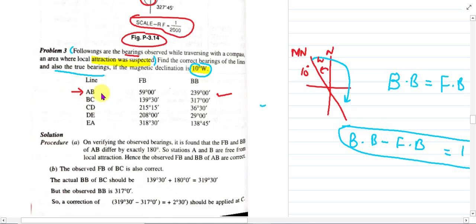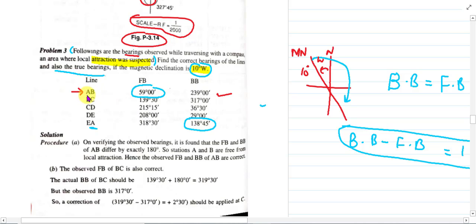Now the reading taken from point A is the forward bearing reading of your line AB and the back bearing of line EA, because when you are taking the back bearing, it means you have gone through the last point, and when we take the forward bearing you have considered your first point.